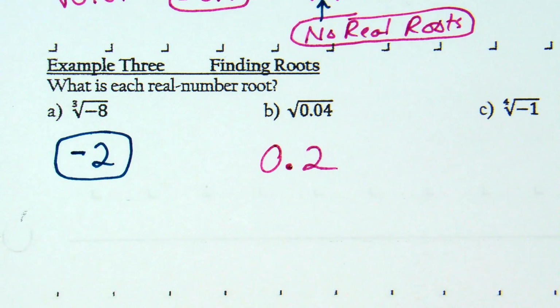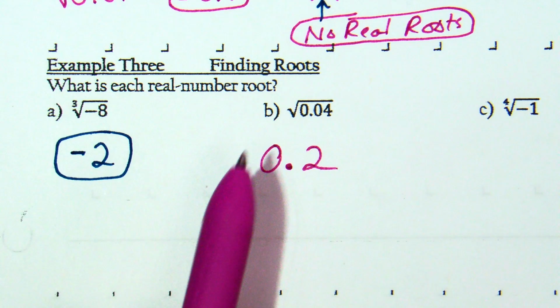Now, if this was like the problems we did yesterday, and I asked for all the real roots of 0.4, what would you have to say here? We would have to say positive and negative if it asked for all the real roots. Now there's a catch here. When they ask for all the real roots, when we're in equation setting, yes, we use plus and minus.